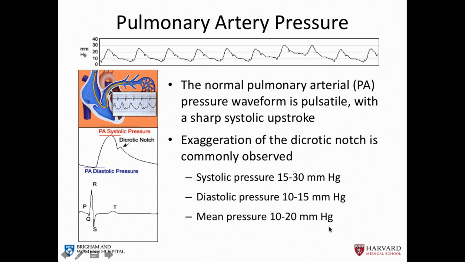Systolic could be anywhere from 15 to 30, and again there's beat-to-beat variability as well as respiratory variability. Diastolic pressure is generally significantly lower than that at 10 to 15 millimeters of mercury, and we generally follow the mean pulmonary artery pressure, which ranges between 10 to 20 millimeters of mercury in the normal range.